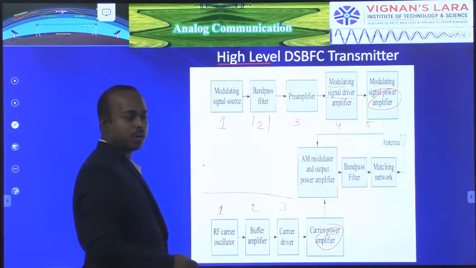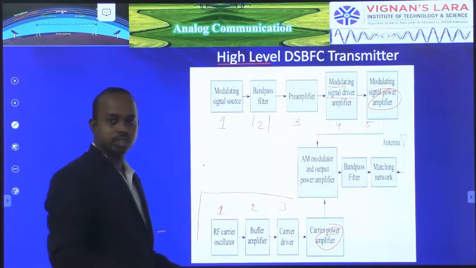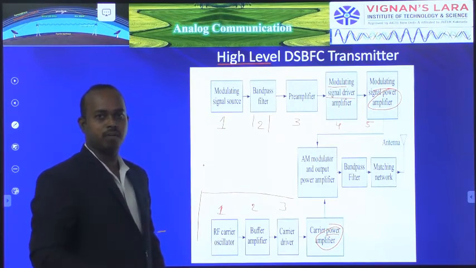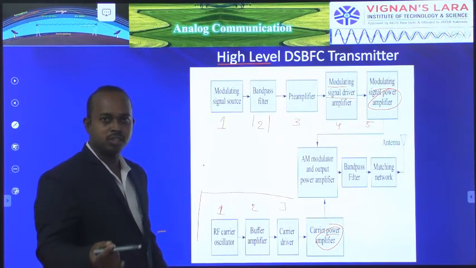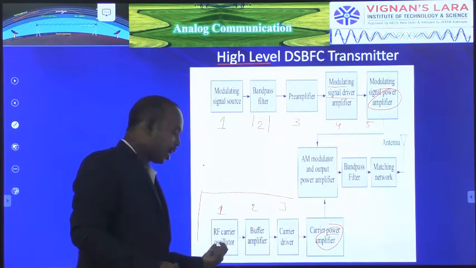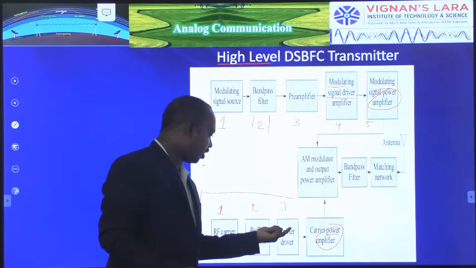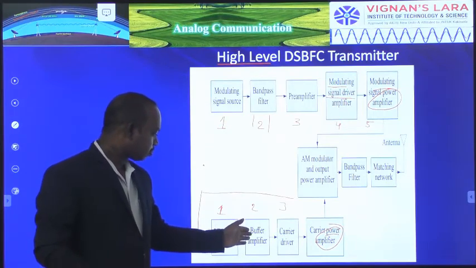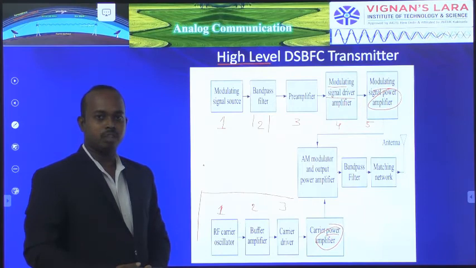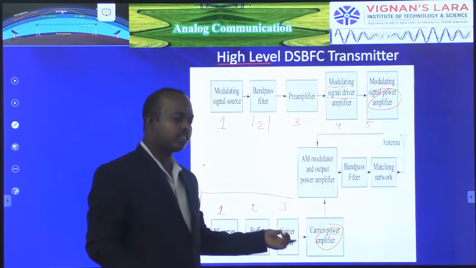The RF carrier oscillator generates the radio frequency signal without any AC input. Then the buffer amplifier gives the impedance matching between the carrier driver and the RF carrier oscillator. The buffer amplifier output is accessed by the carrier driver.